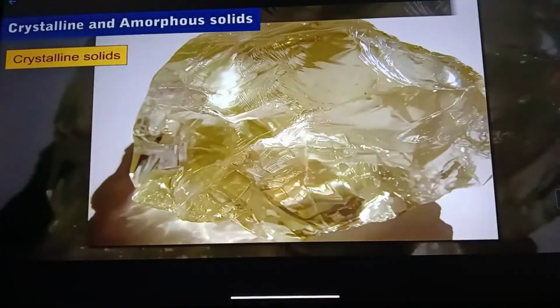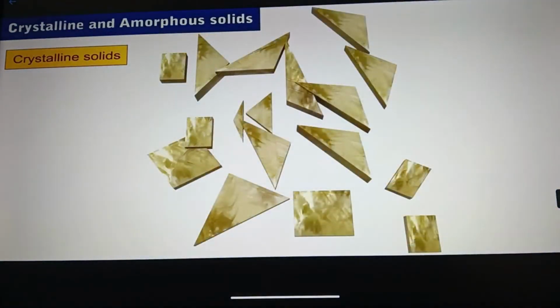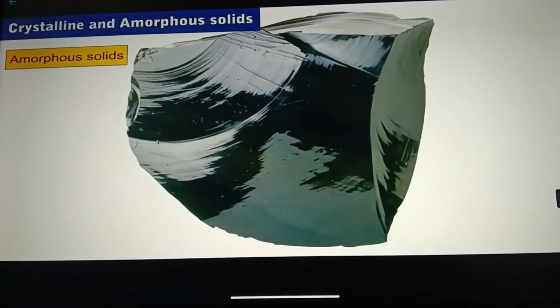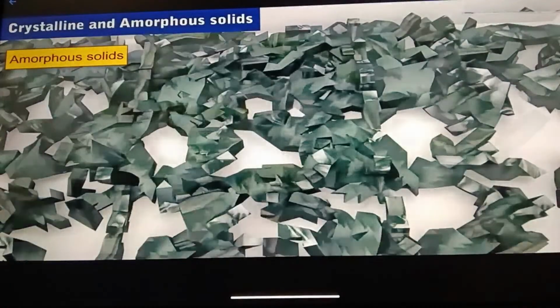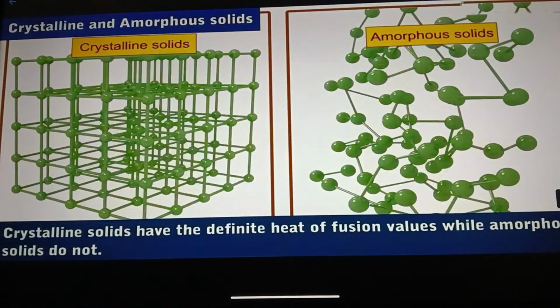If a crystalline solid is broken into pieces, the small constituents will have the same smooth and plane surfaces. However, if amorphous solid is broken into pieces, the small constituents will have irregular surfaces. Crystalline solids have definite heat of fusion values, while amorphous solids do not.